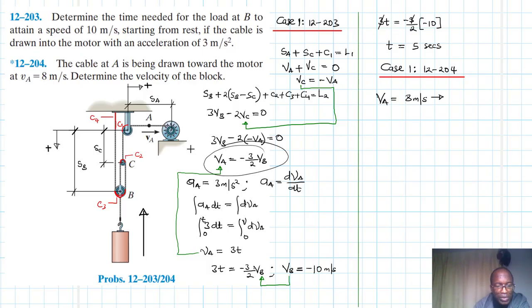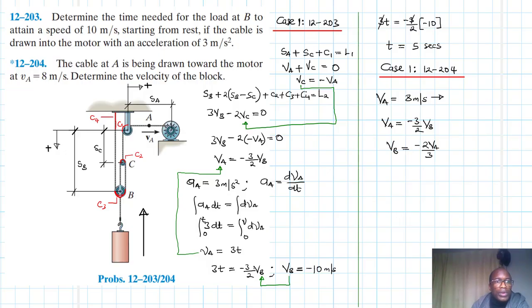If this is the case, we already have the equation that we're using. We already found the equation: V_A is equal to minus 3 over 2 V_B. We want to find the velocity of the block, which is V_B. So writing this, V_B is just going to be equal to minus 2 V_A divided by 3.